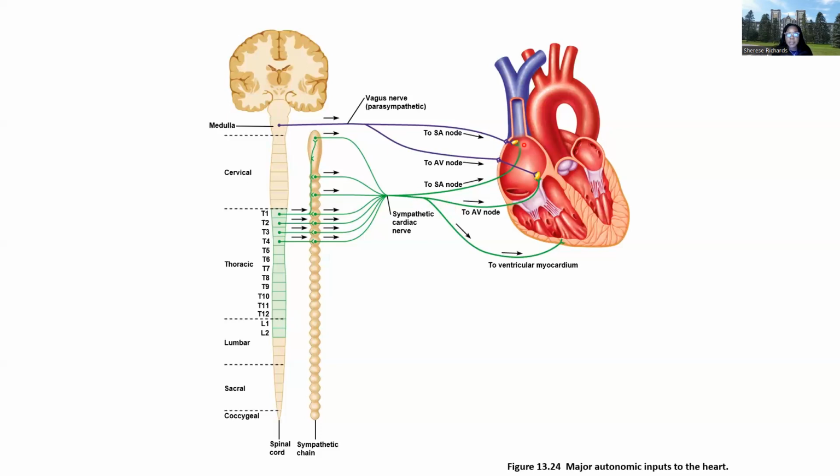Now notice here, the sympathetic division synapses onto the pacemaker cells, the SA node and the AV node, as well as the rest of the cardiac myocytes, the cardiac contractile cells, which are really found throughout the ventricles. So the sympathetic nervous system has an influence on the pacemaker cells as well as the contractile cells, and we'll talk about why that's important as well.